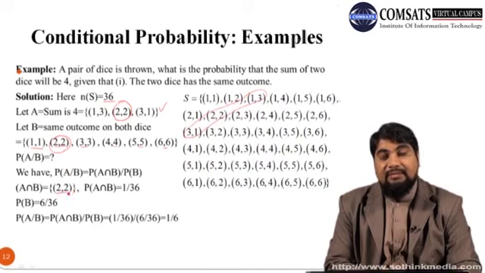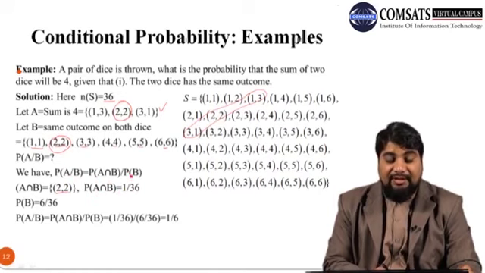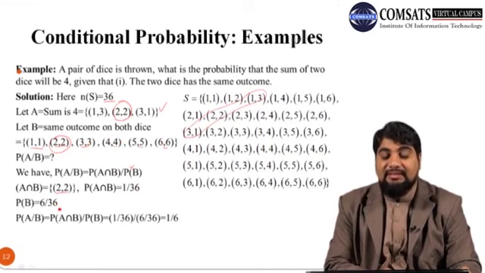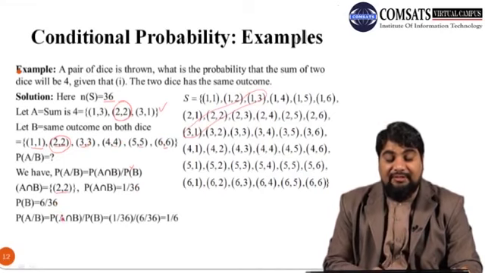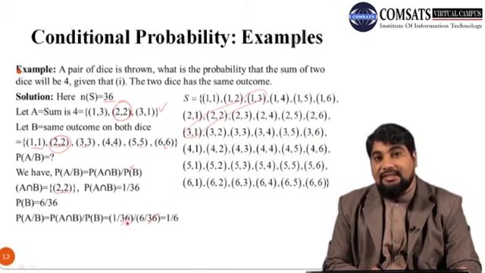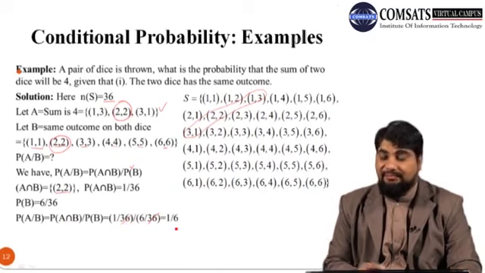So there is only one point in A intersection B. So P of A intersection B is 1 out of 36, and P of B is the number of sample points in B, 1 2 3 4 5 6, so 6 out of 36. So just divide these two numbers, 1 by 36 divided by 6 by 36. You can see that this 36 is cancelled with 36. We get 1 over 6.